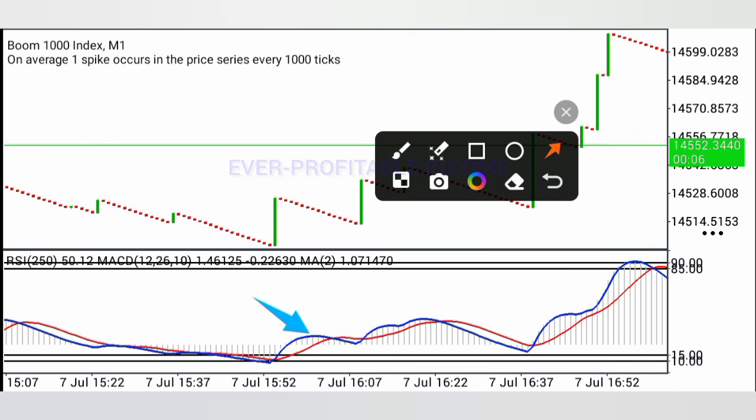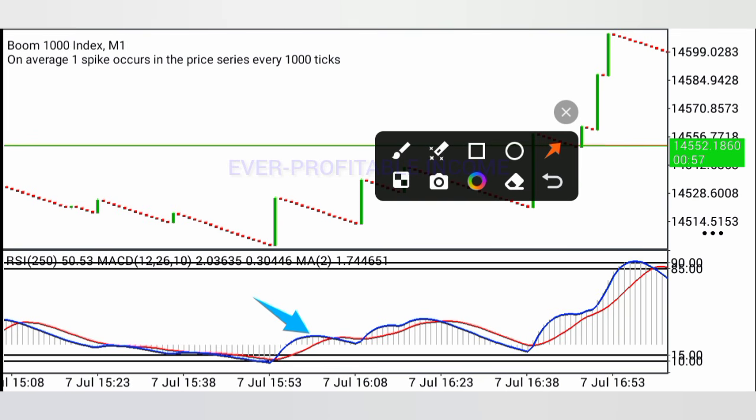The MACD will not necessarily touch level 10 sometimes, so it often touches level 15. That's why we have both level 10 and level 15.